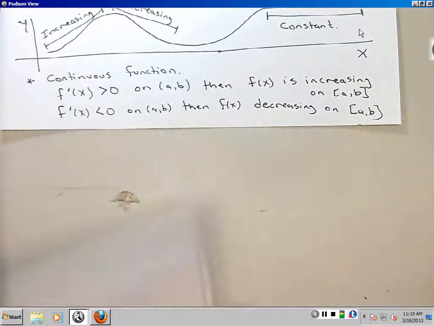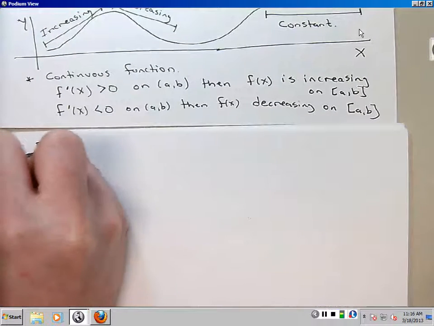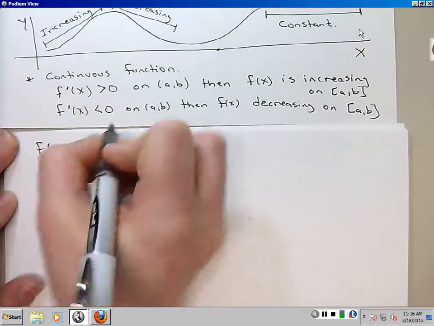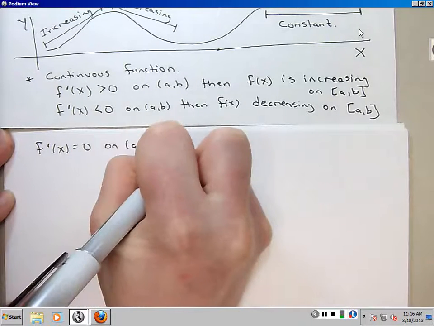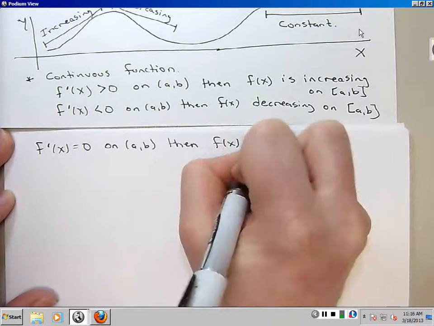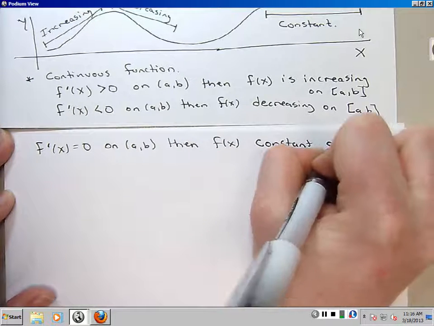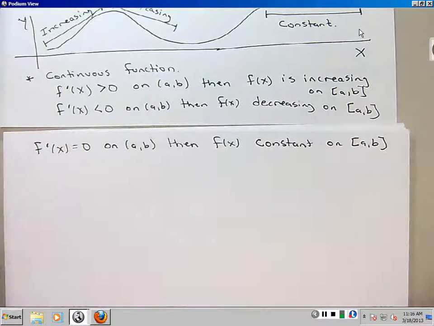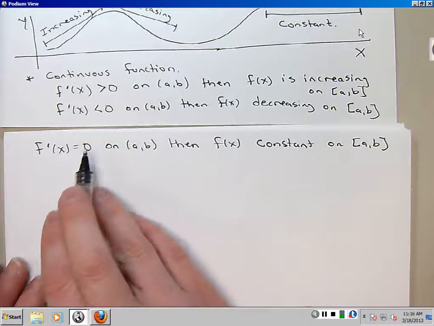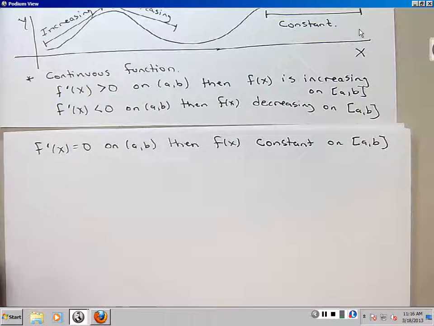And if the first derivative equals 0 on an interval AB, then f of x is constant on AB. Eventually we'll define this as a critical point, but I'll wait until your book brings that up.